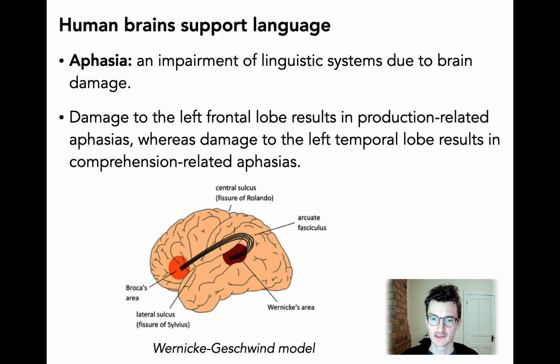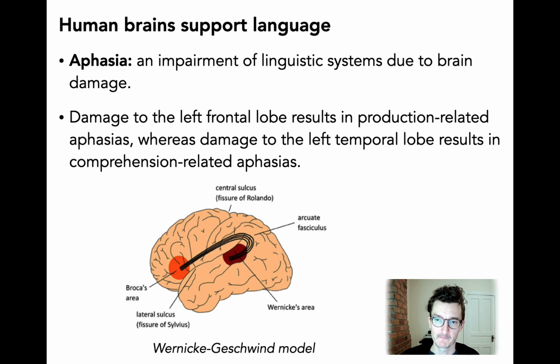And we've looked at a few historical cases. Paul Broca's famous patient, who had damage in the left frontal lobe, was unable to produce speech. Carl Wernicke's famous patient, who had damage in the left temporal lobe, was unable to perceive language, I should say. And again, for Broca's area, it's not just producing speech; it's producing language.